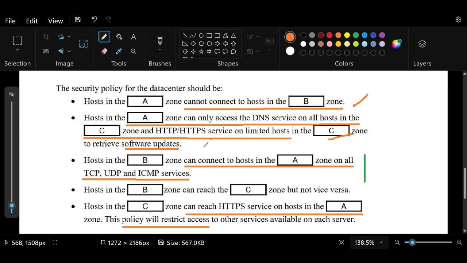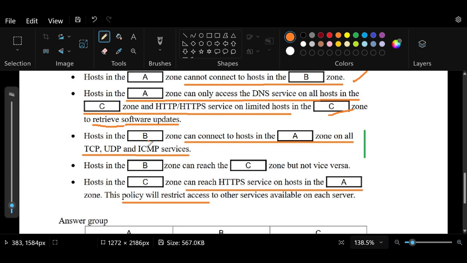Okay, so the part where we got the software updates, I think that would narrow down the choices for A and C, whereas previously we thought that A could be DMZ zone or public zone, but in this case I think that C is likely the public zone instead of A. Okay, blank A. But we should move forward and see what else we can find.